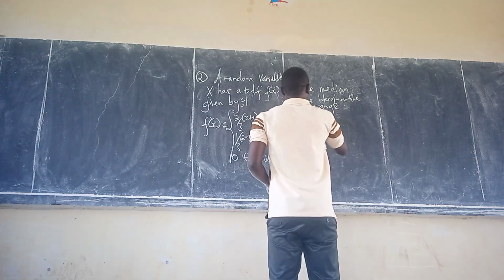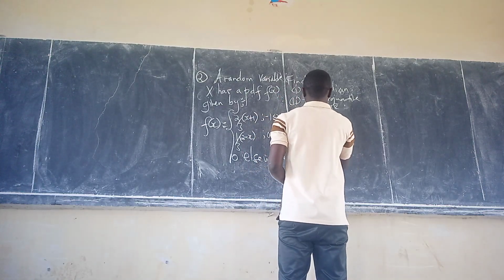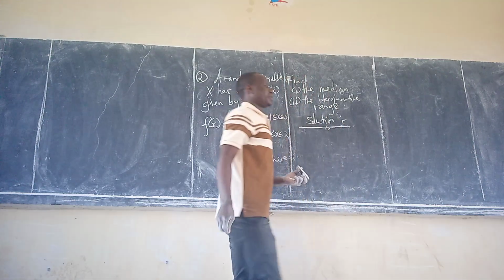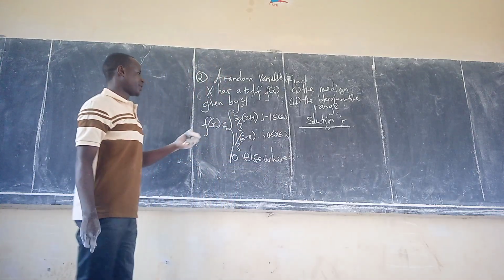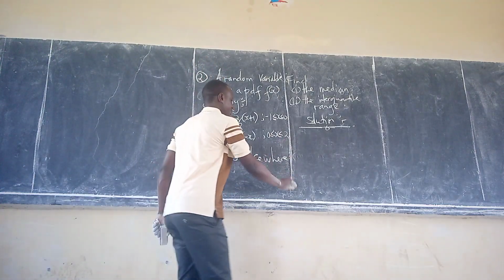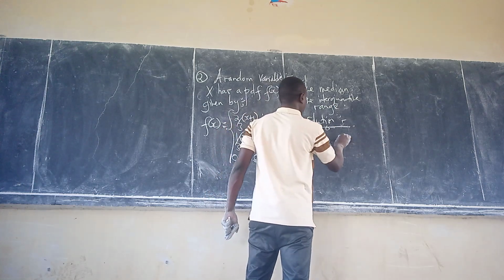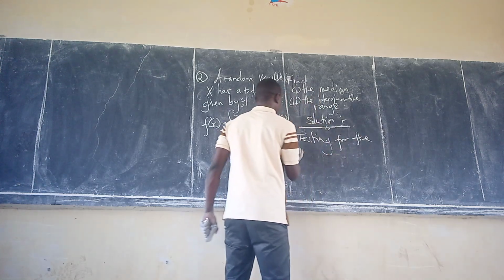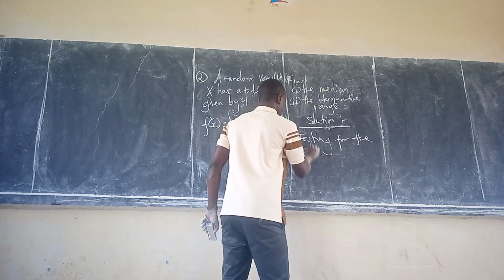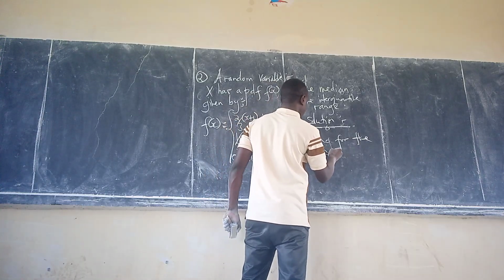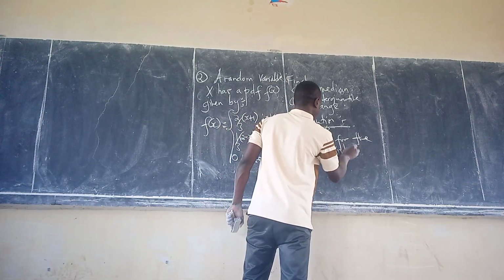Now, in our solution, because this time the PDF is not simple and it is compound, we start by testing for the median interval.